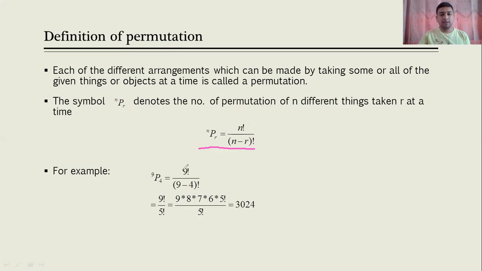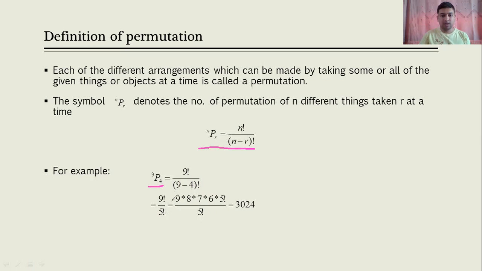If you want to calculate 9P4, this is capital P, n is equal to 9 here, r is equal to 4 here, which is equal to n factorial, that is 9 factorial, divided by n minus r factorial, that is 9 minus 4 factorial. So 9 factorial upon 5 factorial.